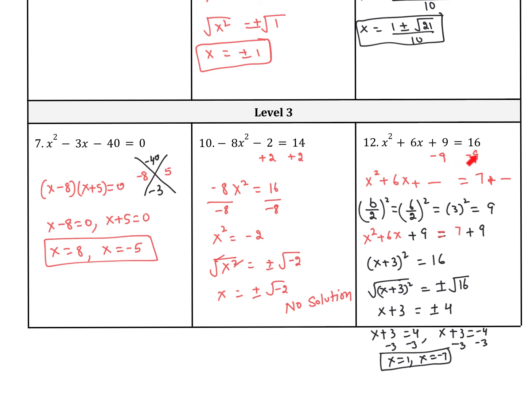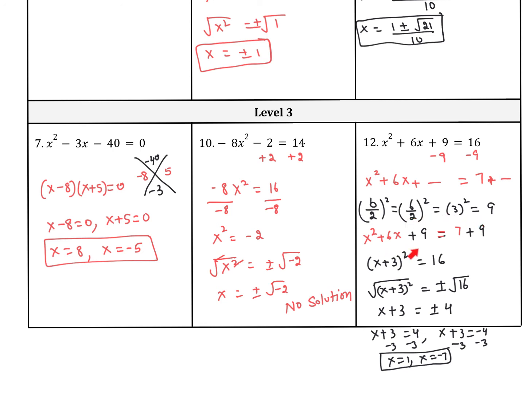Subtract 9 on both sides, so I have the x term by itself and the constant here. I'm going to apply completing the square. So you're going to get b over 2 squared, that is 9, added on both sides.